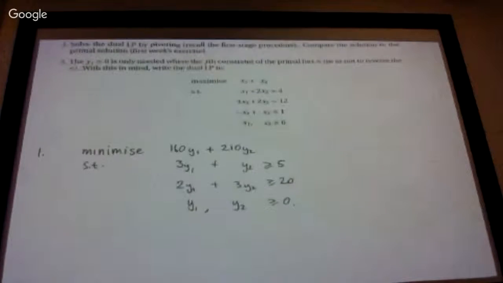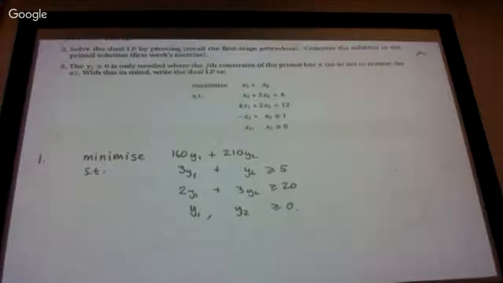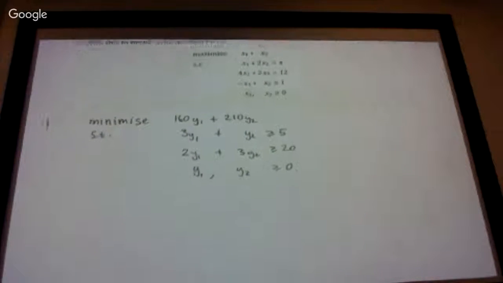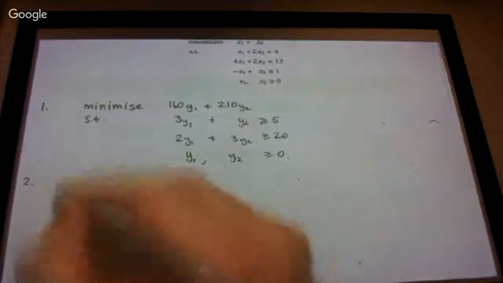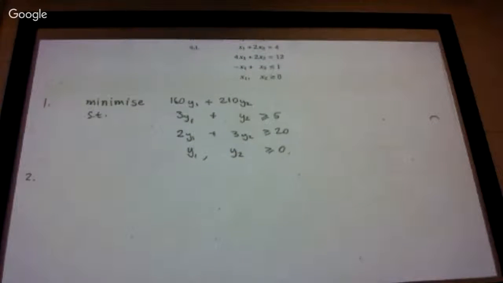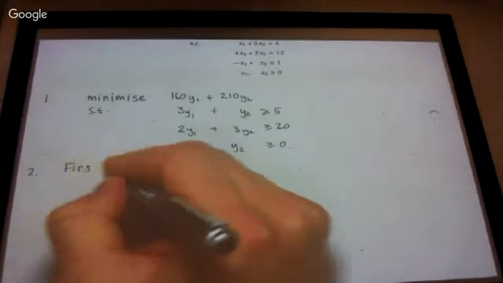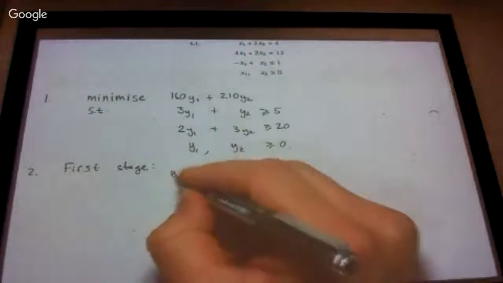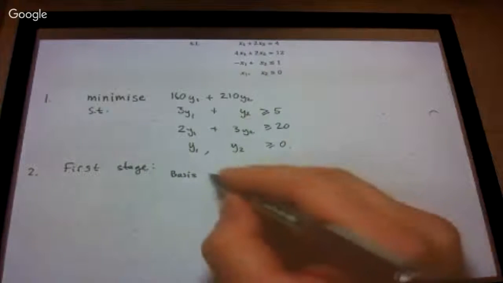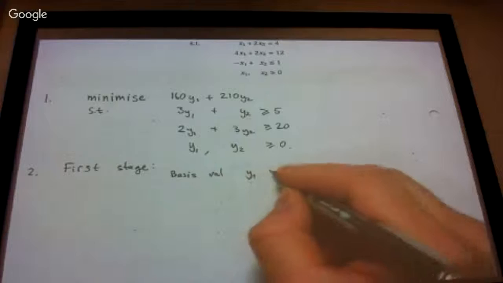Okay. Now, the second question was to solve it using the first stage procedure. Since people are writing them down, I'll just write it. So the first stage procedure, you know that the first tableau will have y1 and y2 as the decision variables.